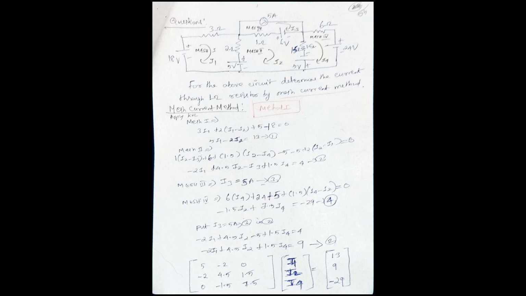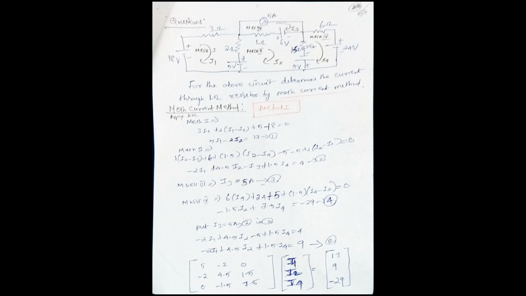The current across the 1.5 ohm depends on I4 and I2, so 1.5 into (I4 minus I2) is equal to 0. We only find the fourth equation. Put I3 equal to 5 ampere into the second equation.